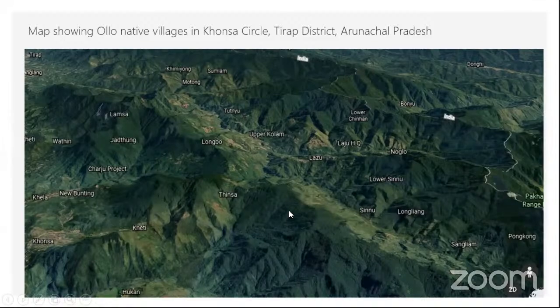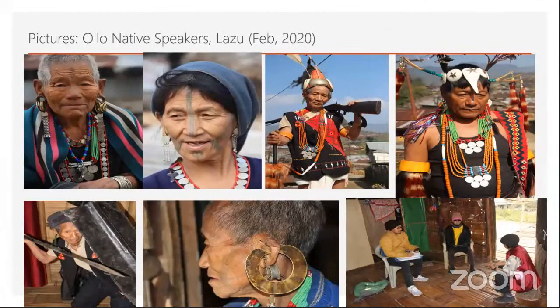So here are a few beautiful pictures of the native Olo speakers taken during the workshop conducted in February 2020. Most of the women wear tattoos on their face, and this practice is not practiced anymore these days.